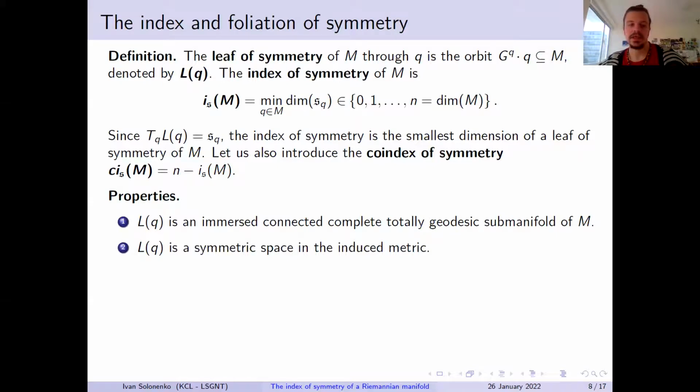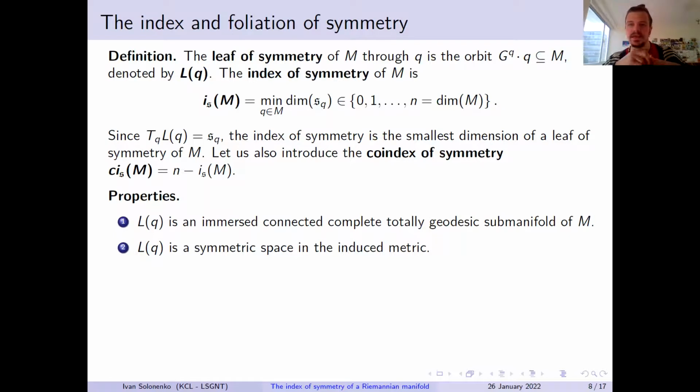Okay, and the best part is that it is a symmetric space. And the proof is pretty much what we did before. We already have this decomposition, GQ is KQ plus PQ. We already have the relations between them.